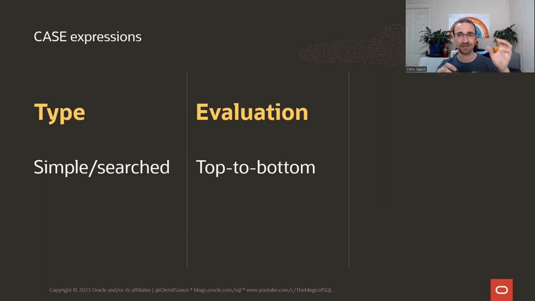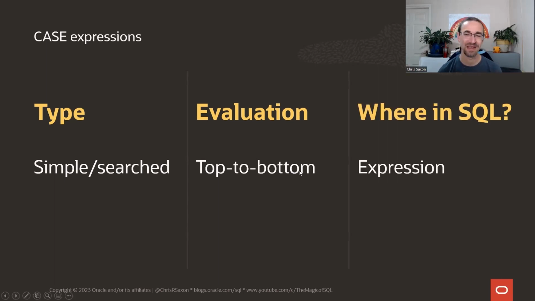In those cases, nesting case inside each other can be a good way to simplify, or at least make it easier to understand what's happening and debug it. And in terms of where you can use it in a SQL statement, pretty much everywhere you can use a regular SQL expression: select, where, order by, group by, column defaults, and when updating a column, setting it to the result, and so on.